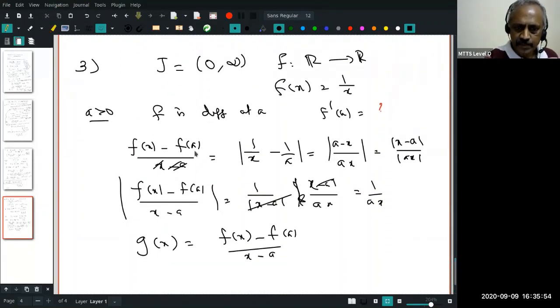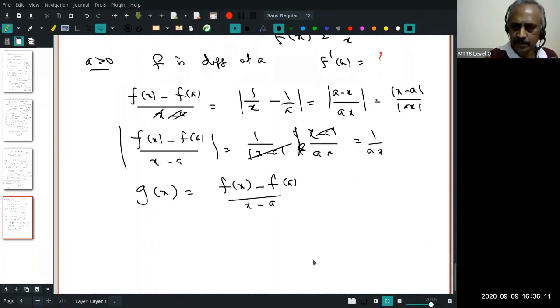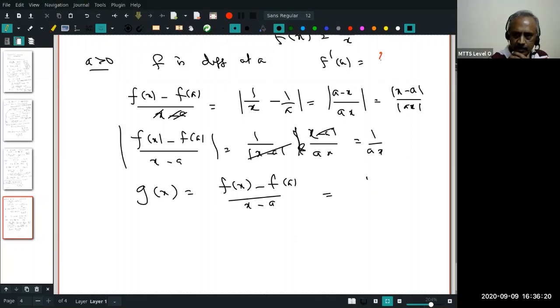So I have f(x) minus f(a), that is 1 by x minus 1 by a, that is a minus x by a x. If I take the modulus, it's mod x minus a by a x. I just need only this one. That's correct. Okay, so this is g(x), and we found it is 1 by a x.